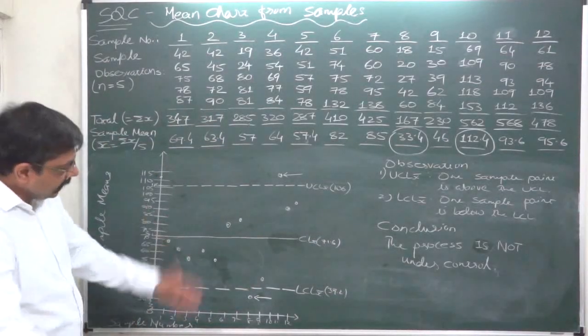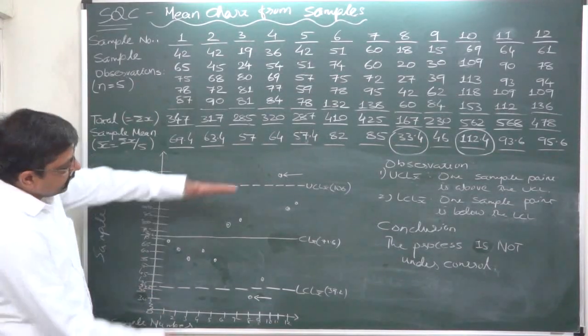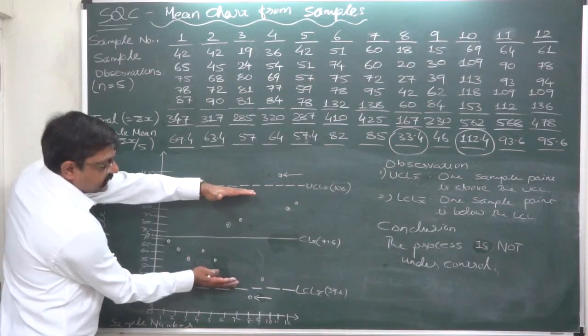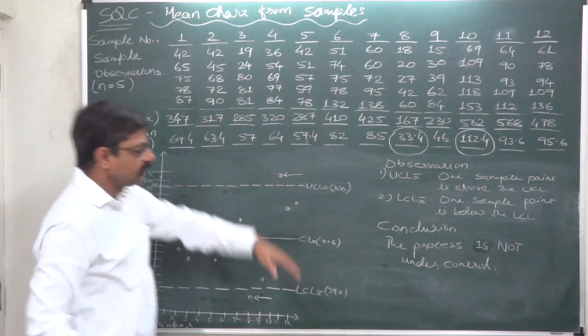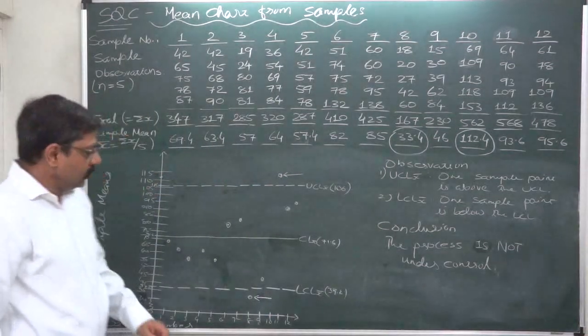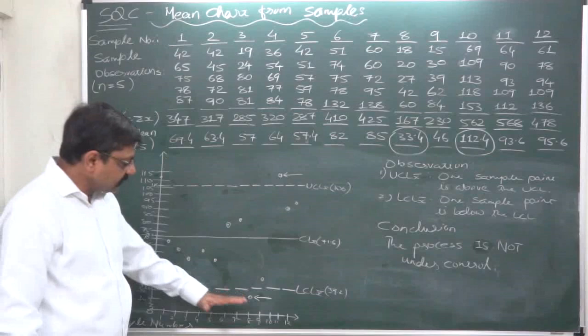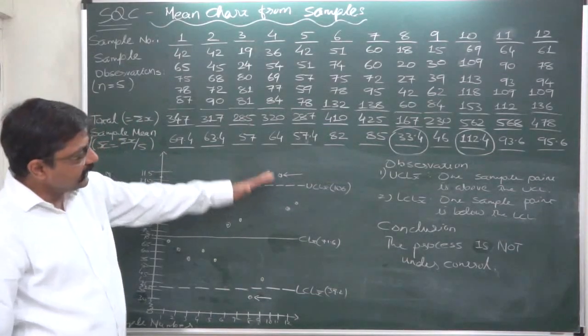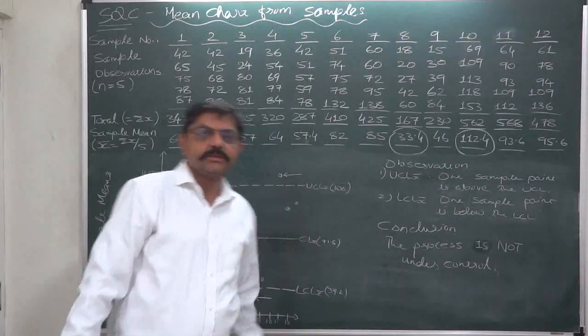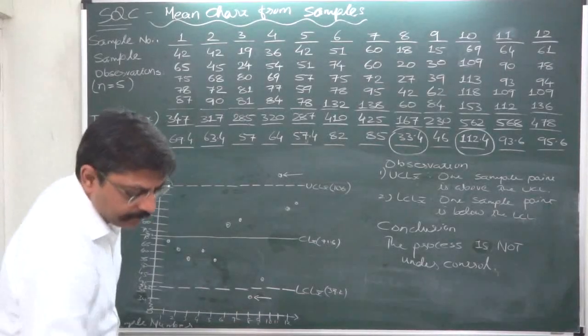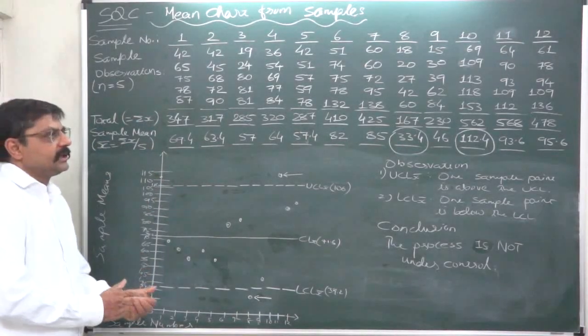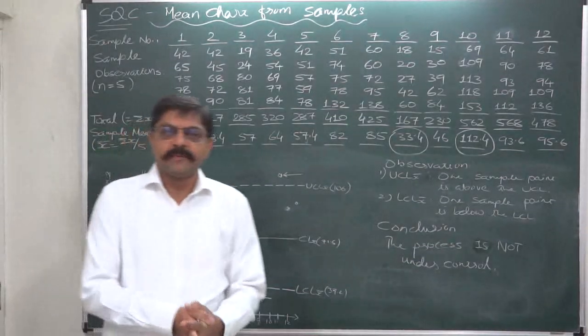If, only if, all the sample points are within the 2 control limits, UCL and LCL, then only we can conclude that the process is under control. If at least one sample point is either below the LCL or above the UCL, we conclude that the process is not under control.